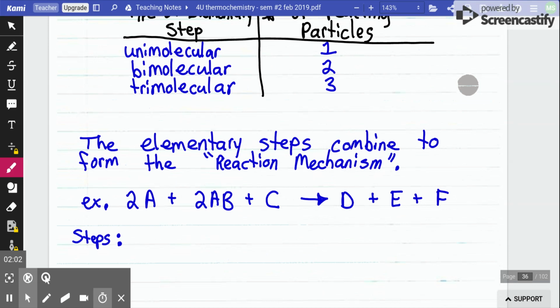So we have this reaction: 2A plus 2AB plus C makes D plus E plus F. Now, it is so unlikely that 2A particles and 2AB particles and 1 C particle can collide with all the requirements for an effective collision to create our products. So instead, our products are created in a series of steps.